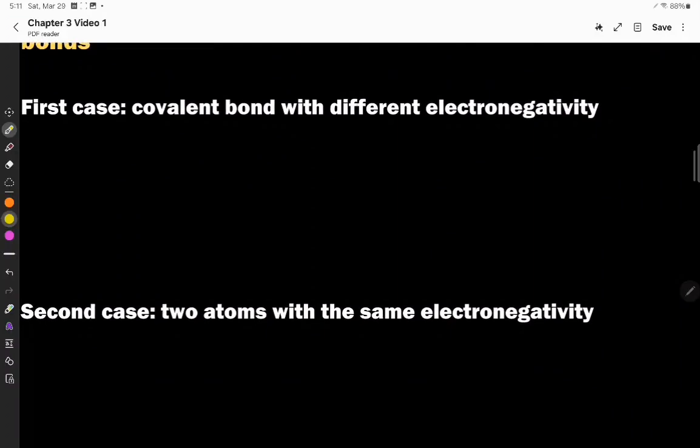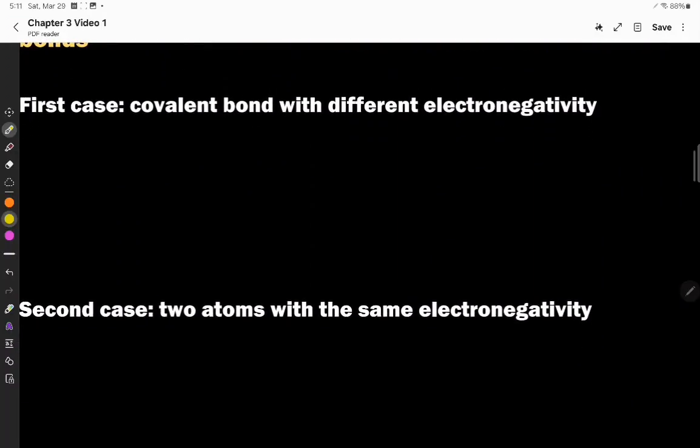Now let's see how we calculate the oxidation number of elements which have a covalent bond with different electronegativity. We said the more electronegative becomes the negative, and the less electronegative will be the positive.